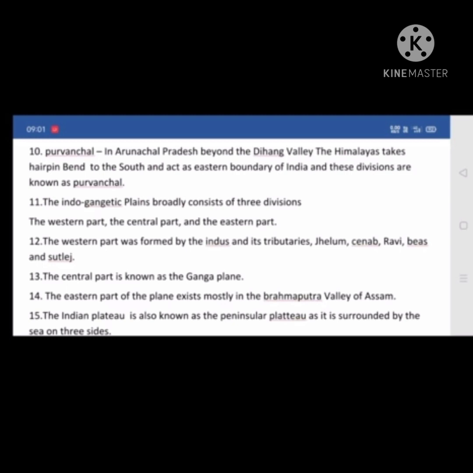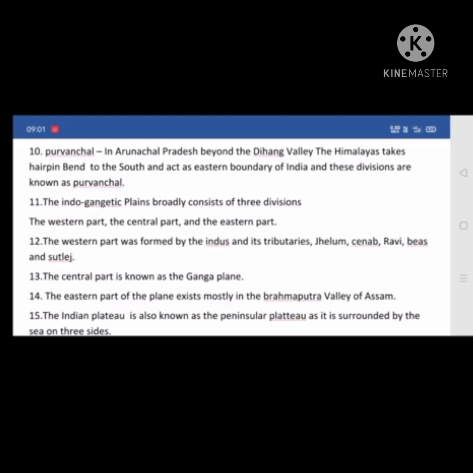Purvanchal means in Arunachal Pradesh, behind the Dihang Valley, the Himalayas take a hairpin bend to the south and act as the eastern boundary of India, and these divisions are known as Purvanchal.